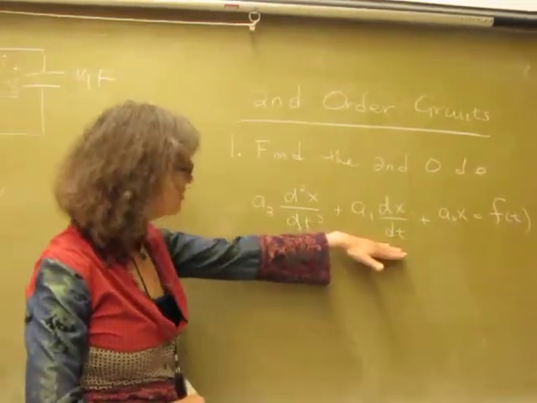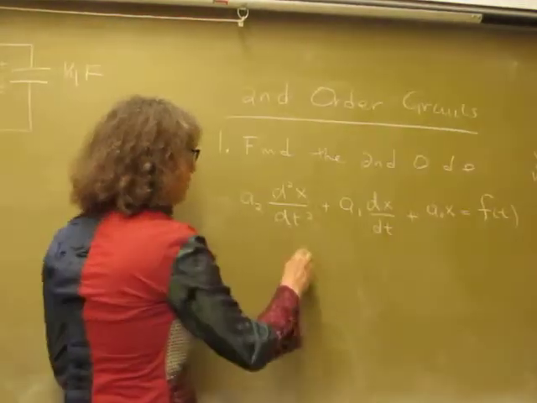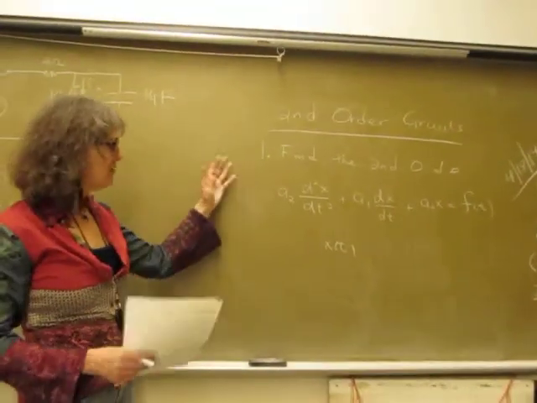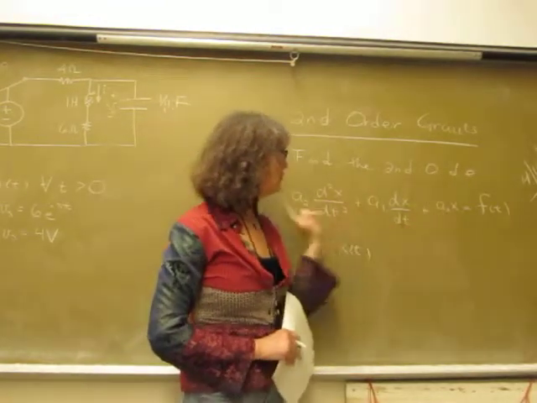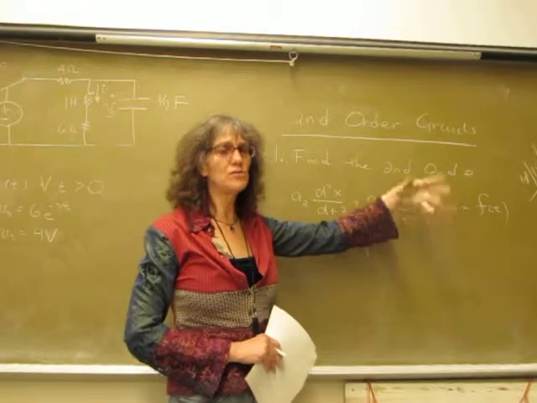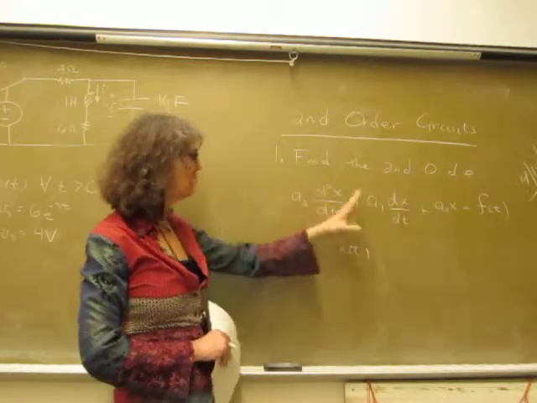So here is a second order differential equation. The solution, of course, is going to be some function of time. Now, depending on the circuit, we'll get values for A0, A1, and A2. They're going to be some combination of the values of the resistors, inductors, or capacitors, or whatever you have in the circuit.